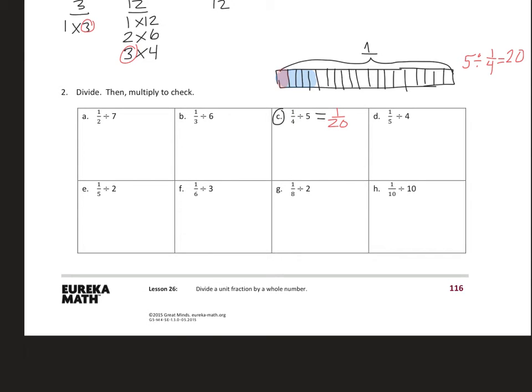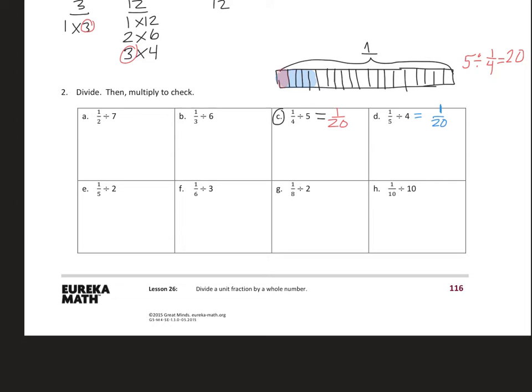So we're going to go ahead and go to D. D is you have 1/5 divided by 4. Well, I know my answer is going to be a fraction because my dividend, my 1/5, is a fraction. The trick is take these two numbers, the denominator and the whole number, and multiply them together. That will give you 20ths, and then one piece out of 20 would be 1/20th.